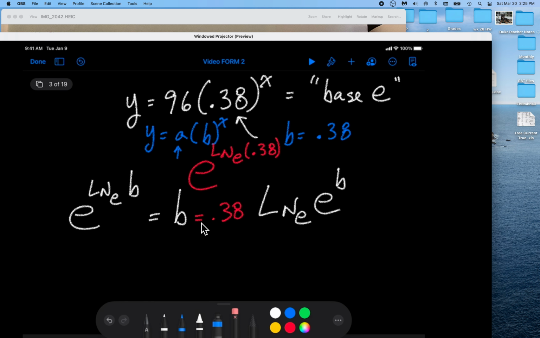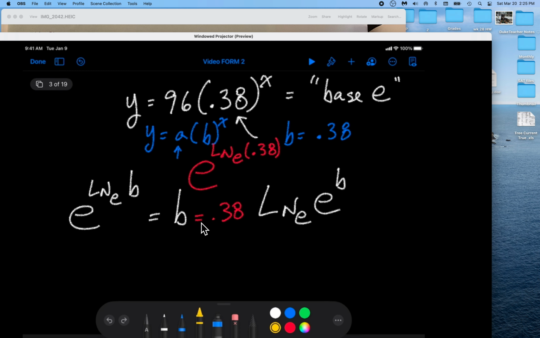This yellow statement right there reduces to 0.38. So all we're doing is plugging what's in yellow in for 0.38. Totally legal.